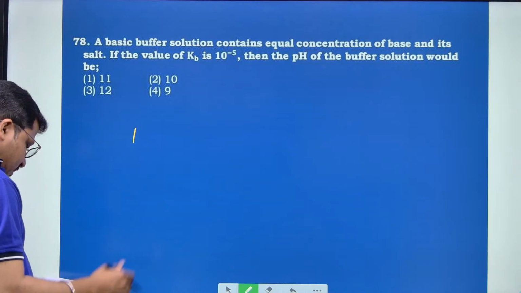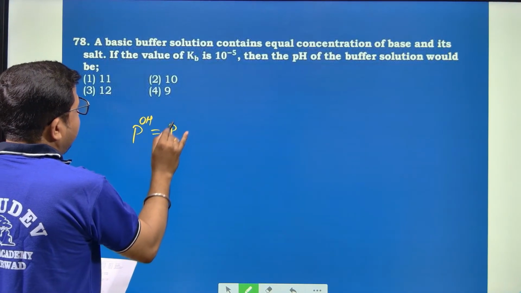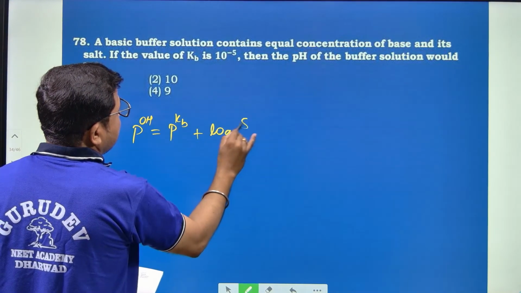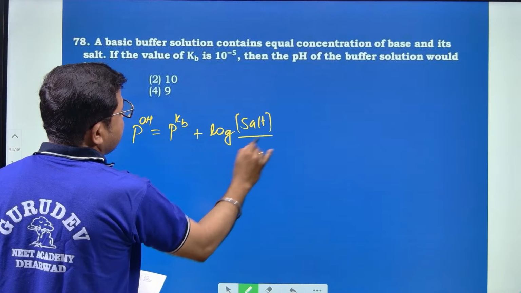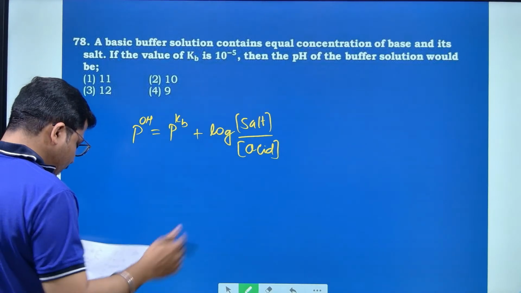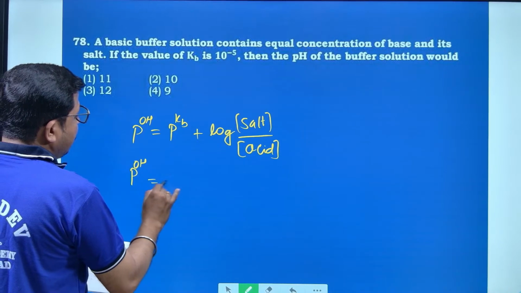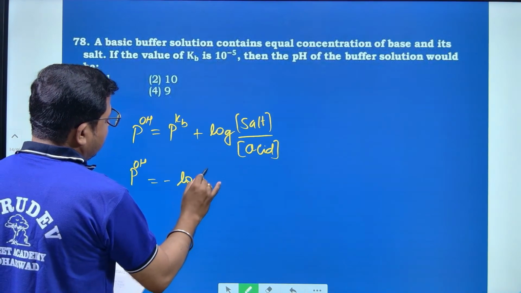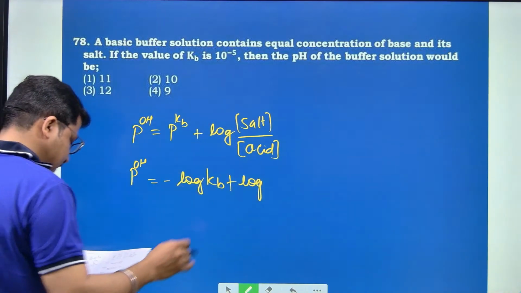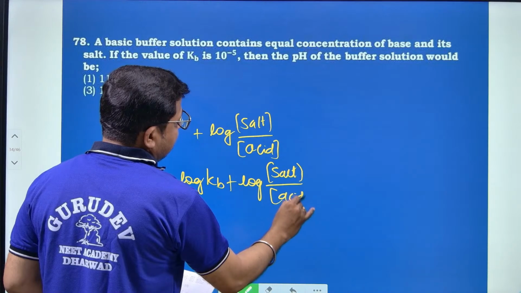We have to calculate pOH, which is equal to pKb plus log of concentration of salt divided by concentration of base, right? Next, pOH is equal to minus log Kb plus log of concentration of salt by concentration of base, right?